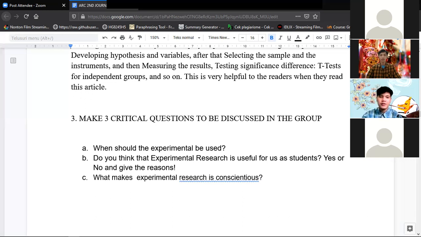If students are able to use experimental research, it will be good, because it will help students to know the relationship between variables. I think that's the reason. Okay, Ms. Ribka, thank you for answering the question.